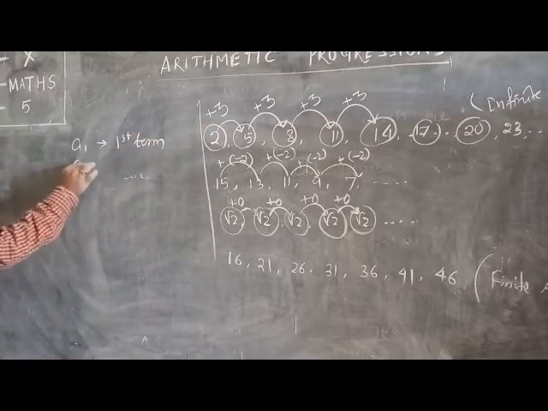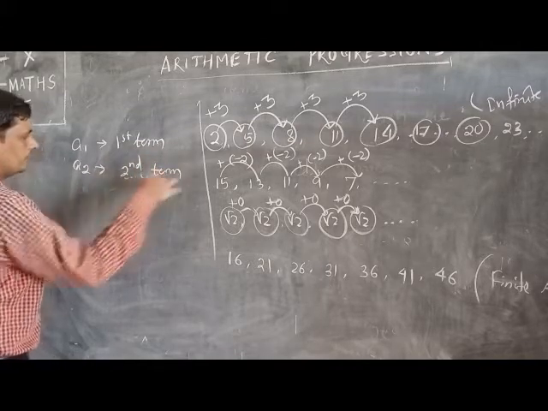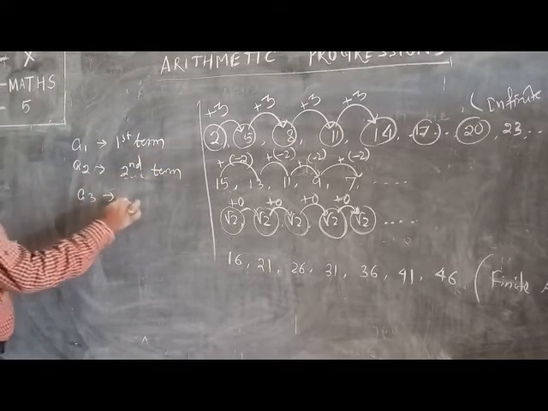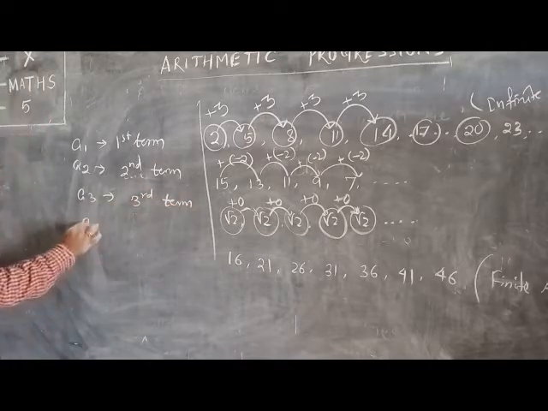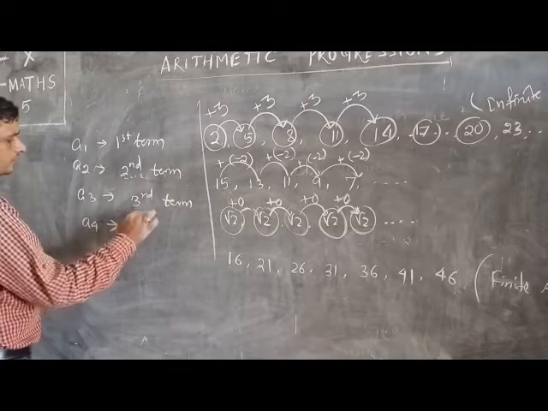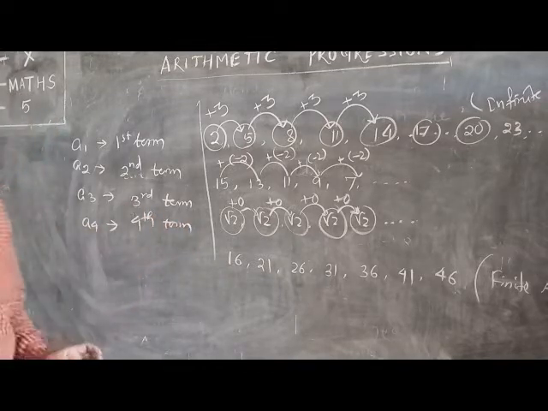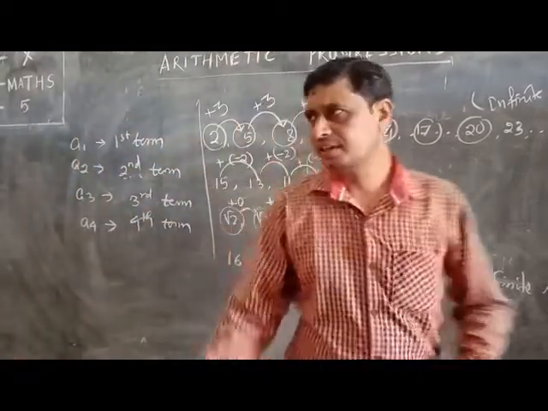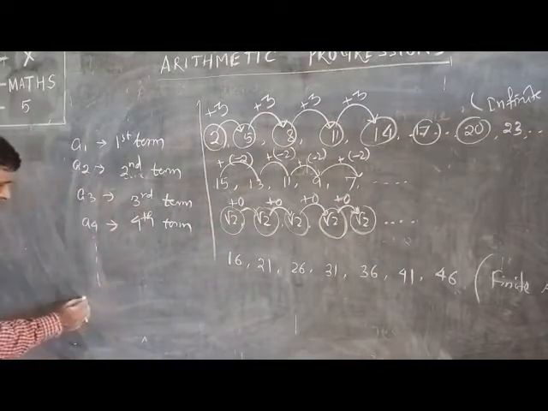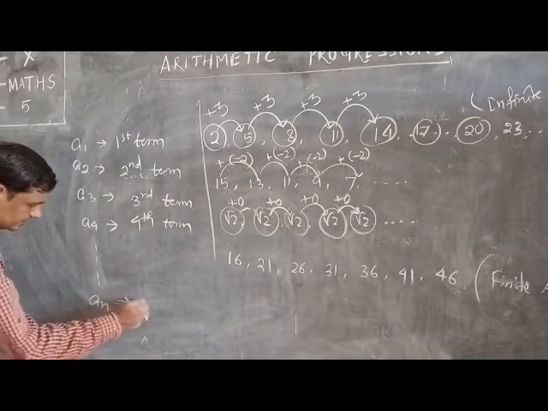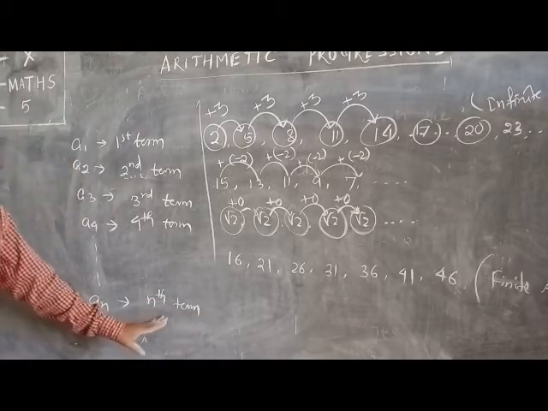Similarly, A2 stands for second term, A3 stands for third term, A4 stands for fourth term. In this way, we represent different terms. AN stands for nth term.